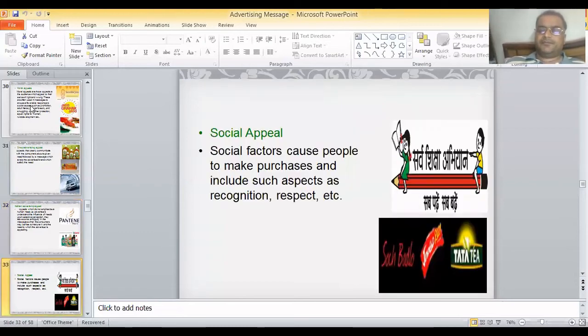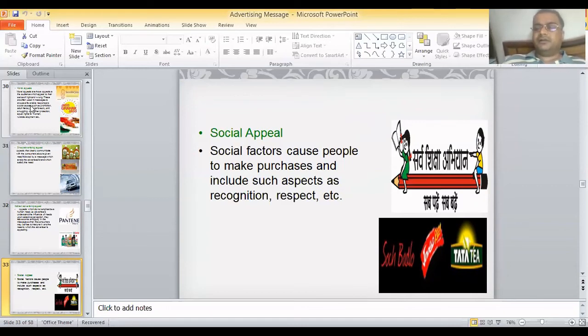Then there is social appeal. Social appeal is nothing but wherein you are doing something for the upliftment of the society. As you can see here, the Sarv Shiksha Abhiyan, which promotes literacy in India. Then, you would have seen the Tata team had done a very long campaign of different ads.